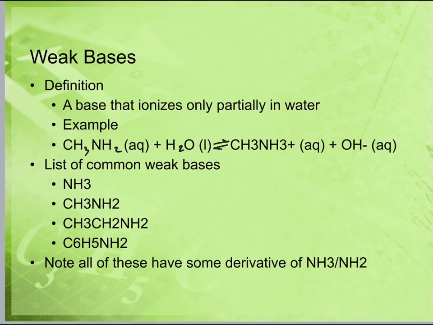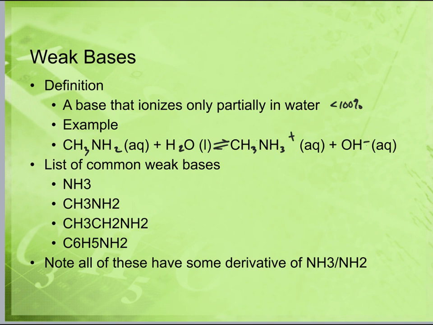It's going to be less than 100%. It's going to be realistically less than 1% or 2%, but we do know that it does occur, because if we tested this substance in water, it would show up as being basic. So we get a positively charged ion here, the CH3NH3 with a positive charge, and a hydroxide ion as well. So even though this doesn't have hydroxide in it, it does produce hydroxide, so that's why we do consider this a base. But this is less than 100% dissociation.